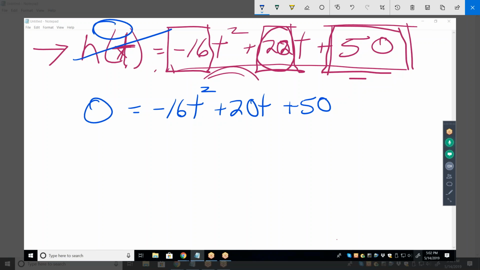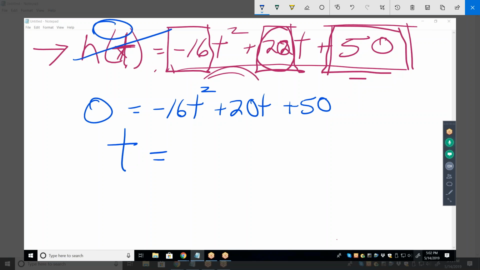This is such a complicated quadratic that I don't want to waste 10 minutes of my time trying to factor it. There's an easier way to solve it. What is it? Using the quadratic formula. Okay, so tell me what it is, the rest of it.